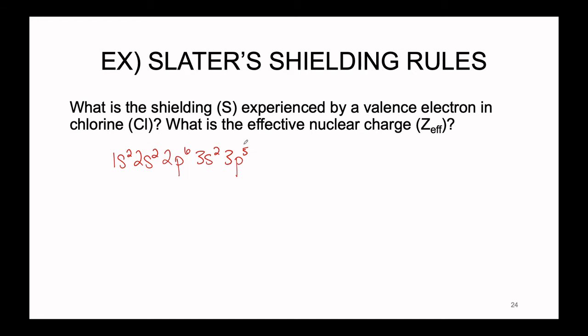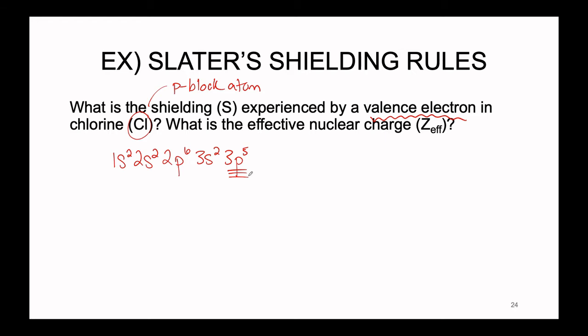So what does it mean to pick out your electron of interest? Well, we are looking at a valence electron in chlorine, and most notably, we are looking at the subshell that was most recently filled. Since chlorine is a p block atom, an element found in the p block of the periodic table, we are most concerned with that outermost valence shell and subshell.